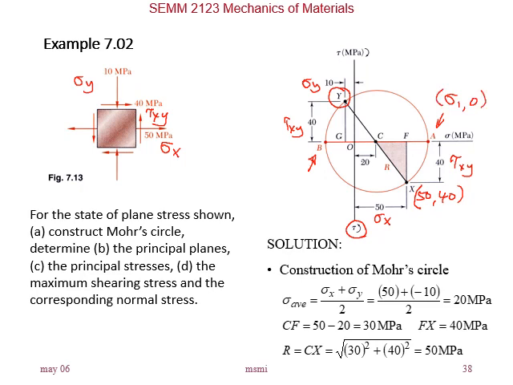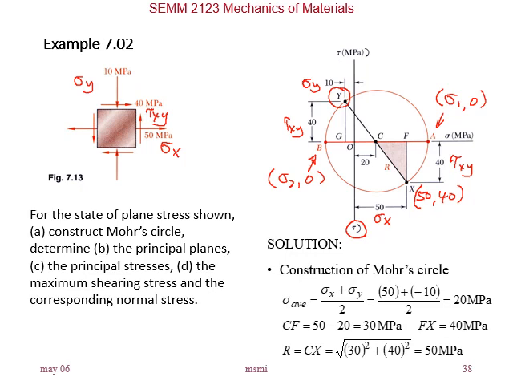And point B will give you sigma minimum or sigma 2, and 0. That's the coordinate. Now, you can do calculation to find the values. Remember Pythagoras theorem, sine rules or cosine rules for triangles. So you can determine from geometry.